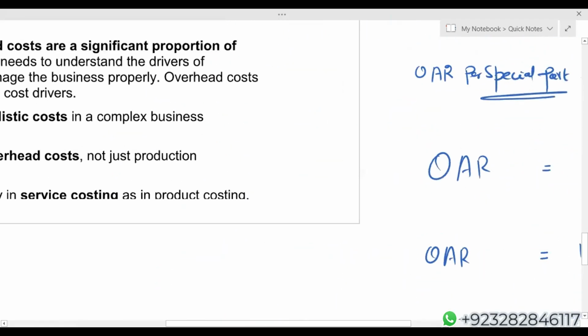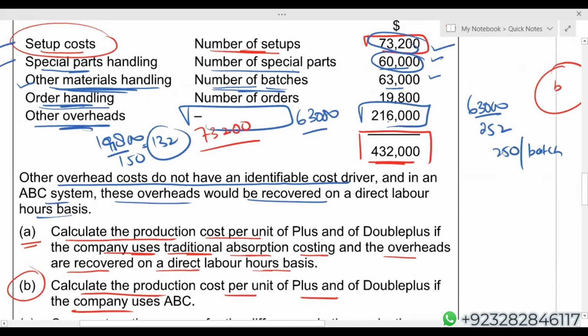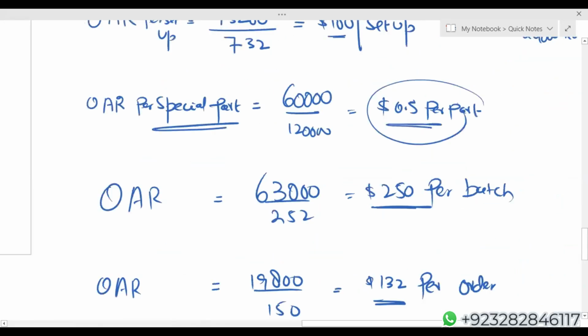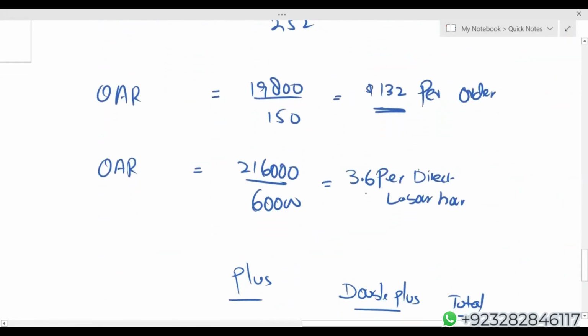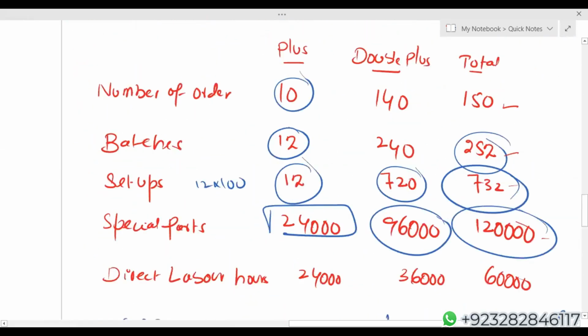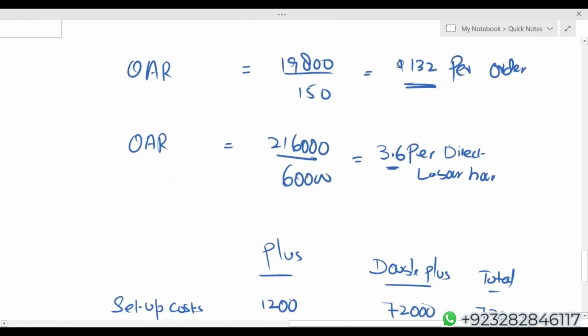Now finally, let's go for other overheads. Obviously on the basis of direct labor hours, for which we have already calculated the rate. It is 3.6. Now listen. How many labor hours do we have in plus? So 24,000 multiplied by 3.6 and 36,000 multiplied by 3.6 will give us the other overheads cost.